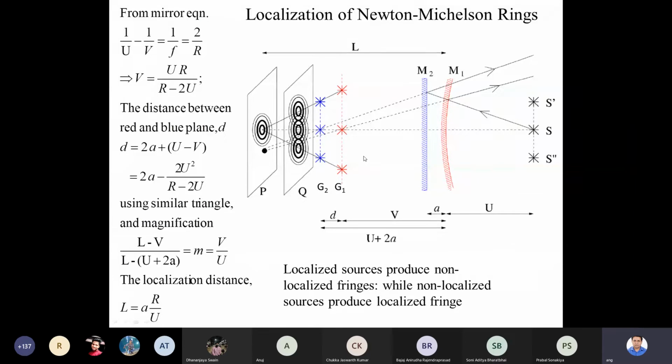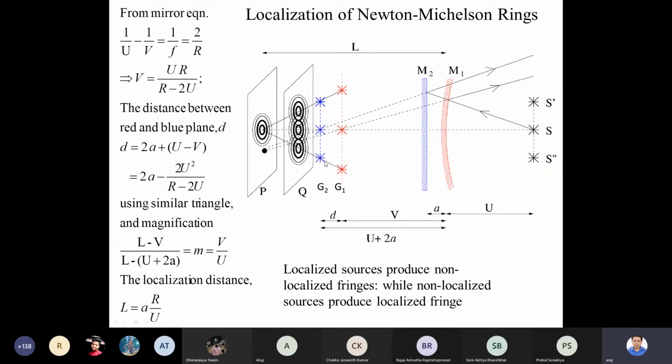Now, for the coherent source, this will produce rings about their line of action. If you combine this, it will form the ring about this line. These two coherent sources will produce circular rings. These two will also produce circular rings.